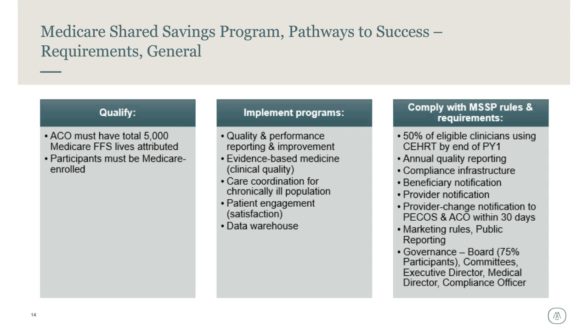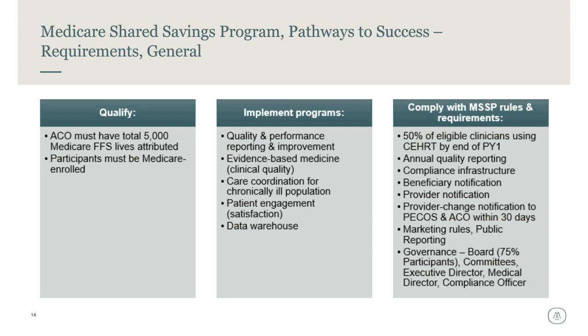So there's a lot of flexibility from one ACO to the next. How they arrange their care coordination program might be completely different, and it's got to work for your clinics and your facilities. And of course, strategically it makes sense to align it with all the other, maybe commercial ACOs that you have. And then there are other MSSP rules and requirements.